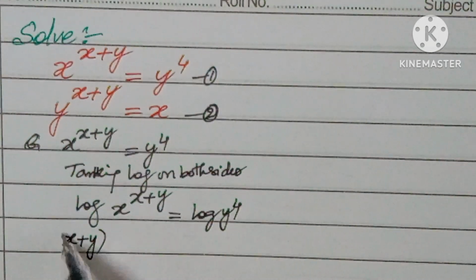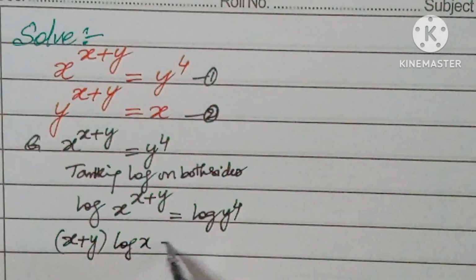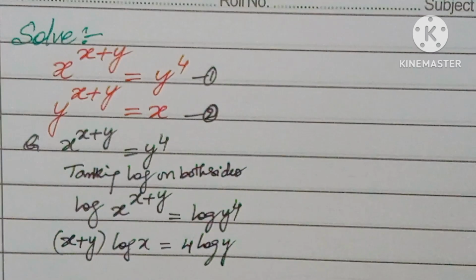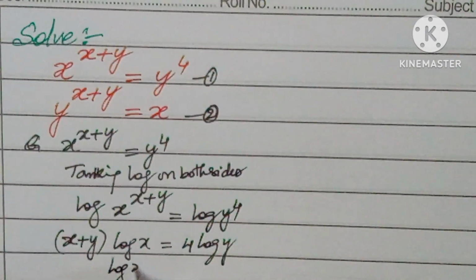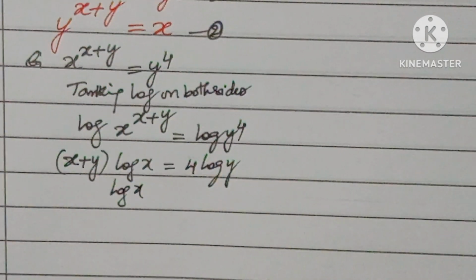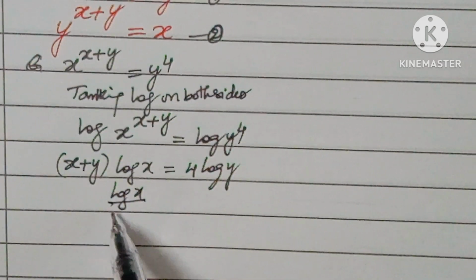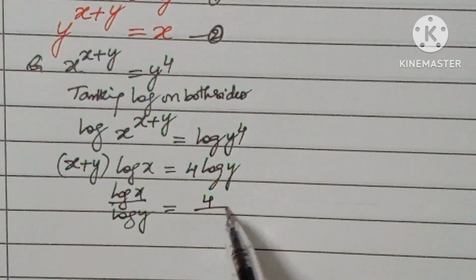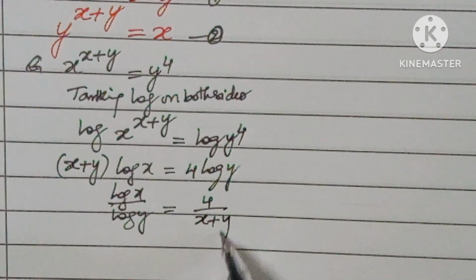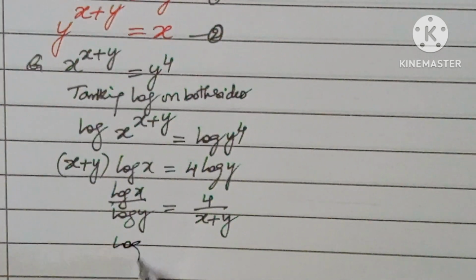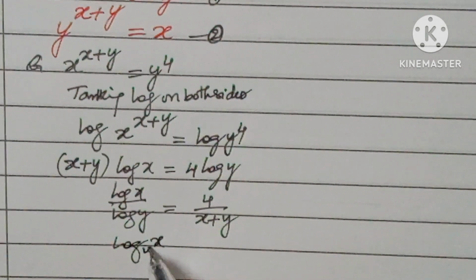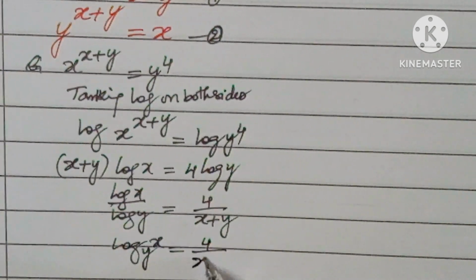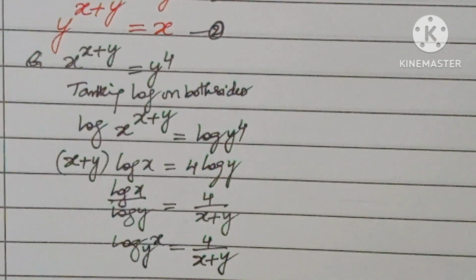So x plus y times log x is equal to 4 log y. Log x by log y is equal to 4 by x plus y. This can be written as log x base y is equal to 4 by x plus y.